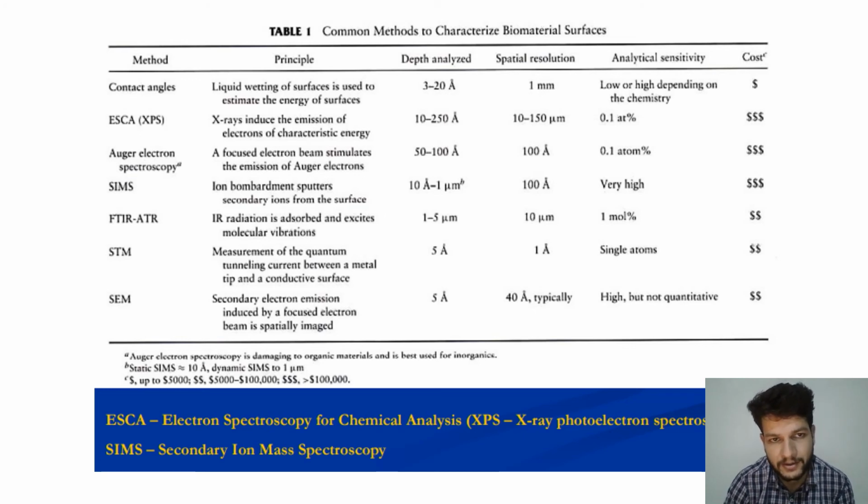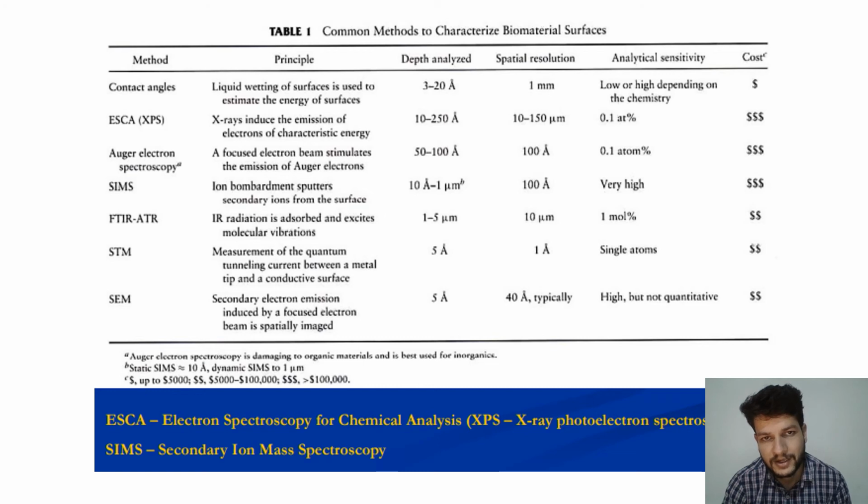First is the contact angle measurement, the liquid wetting property of the surface. It is used to estimate the energy of the surface, or to estimate if the surface is hydrophilic or hydrophobic. Those properties of the surface are measured by contact angle measurement.